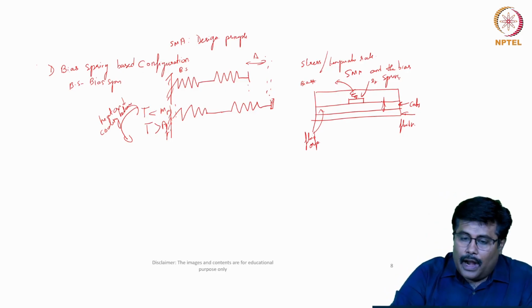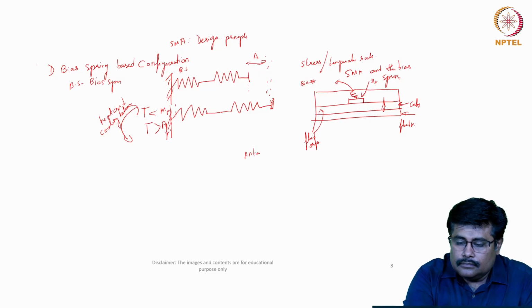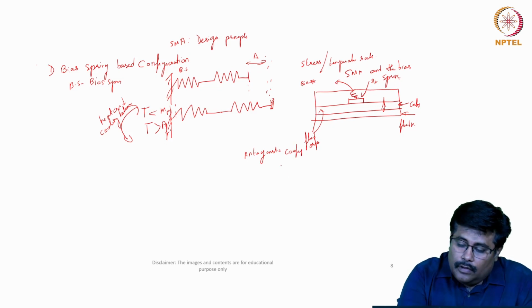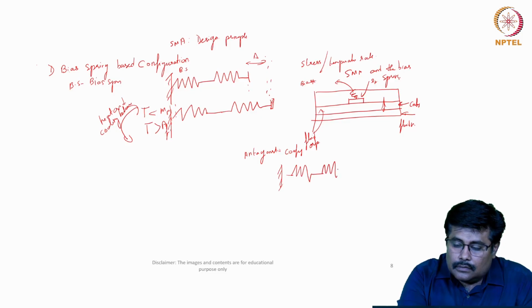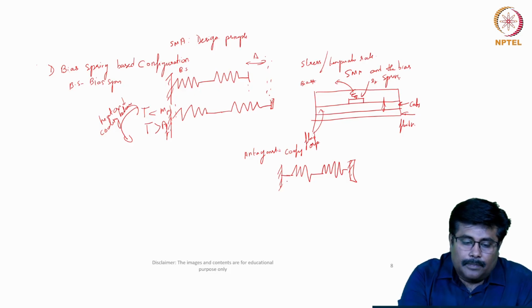In the case of an antagonistic configuration, we will have two shape memory alloys: shape memory alloy 1 and shape memory alloy 2.